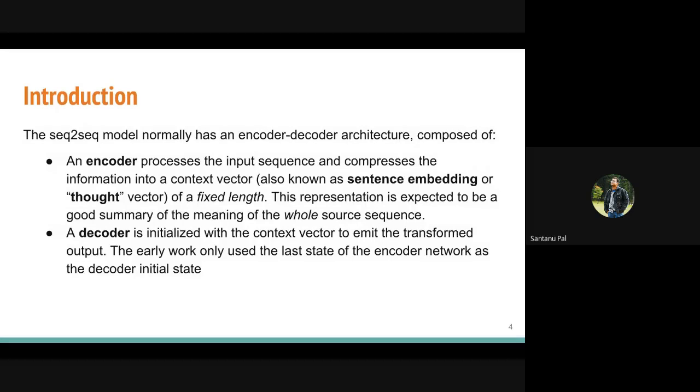This representation is expected to be a good summary of the whole source sentence. Then the decoder takes this summary, is initialized with it, and transforms it into the output in the desired language, or maybe the next word for language model cases.